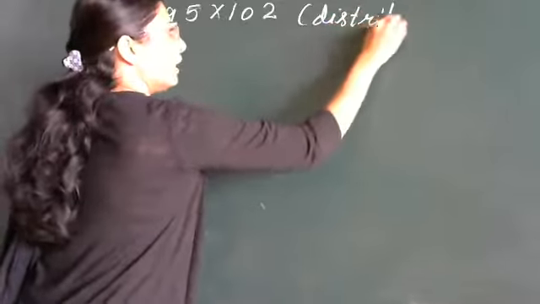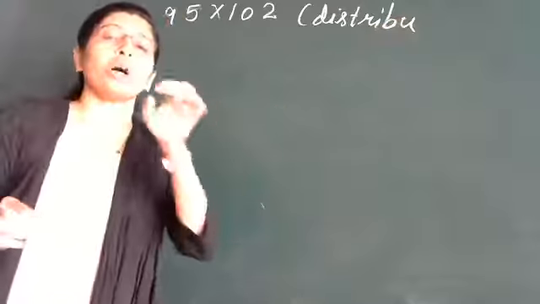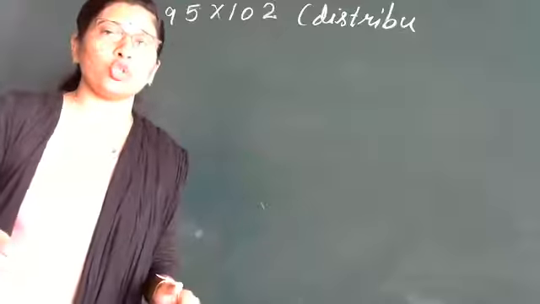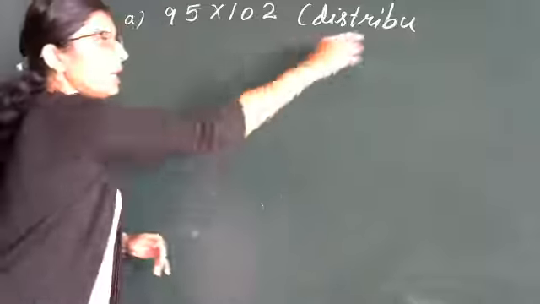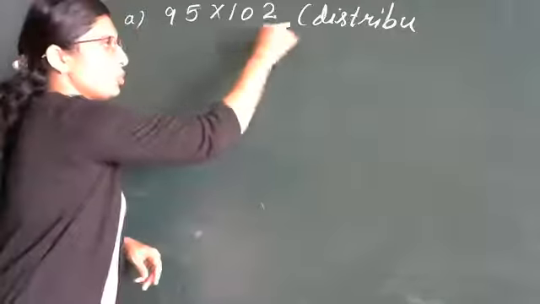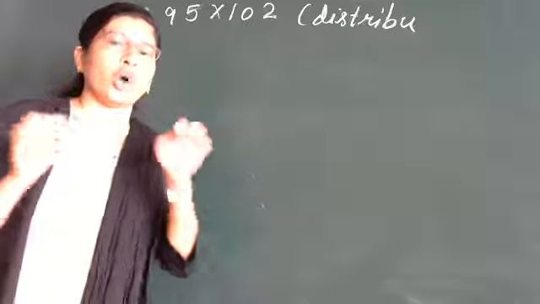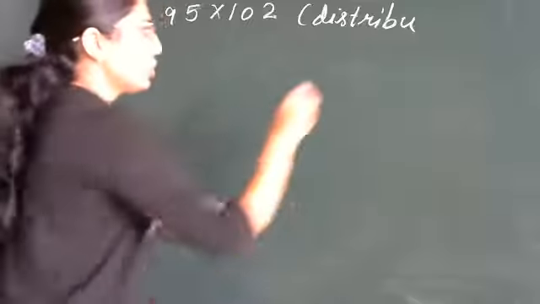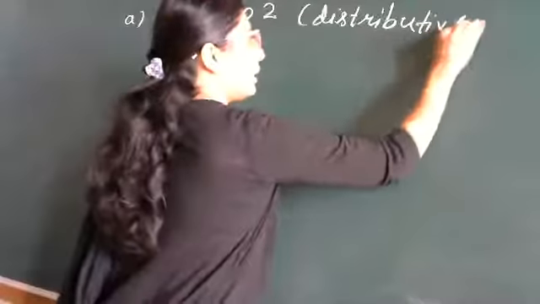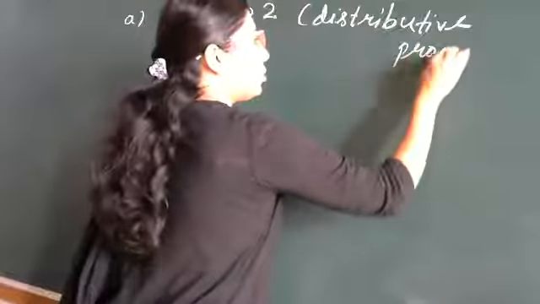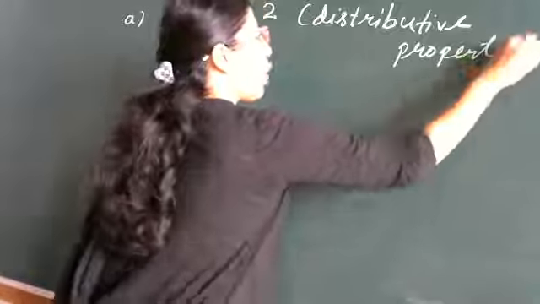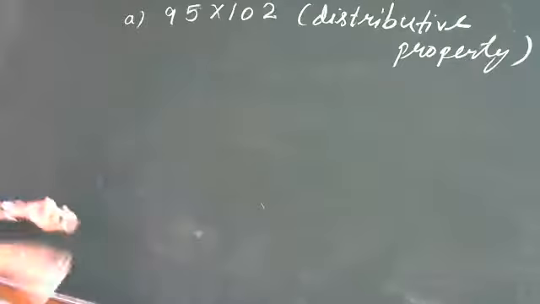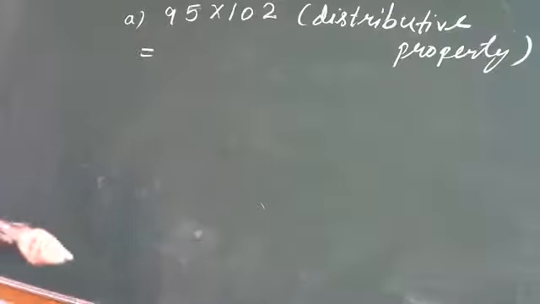They are asking us to use a property and then solve. When you are solving such sums, you should write in front which property you are using. Distributive property of addition or subtraction, which can we use here?